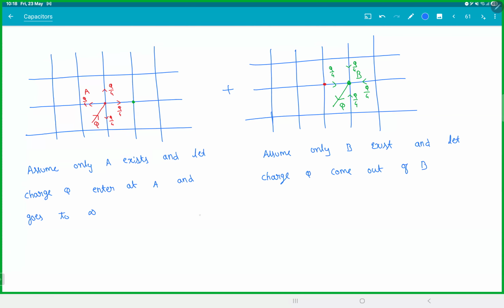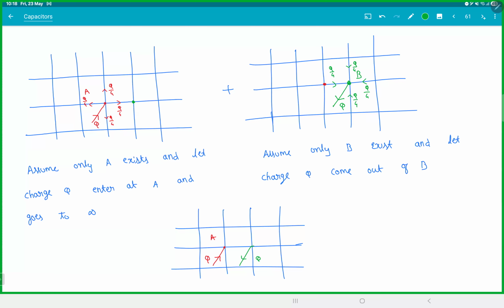Now, by symmetry, when you connect a battery, you're basically giving and taking the charge, right? If I do both at the same time, what do you think will happen? If I push the charge Q from A and pull the charge Q from point B, just look at the branch between them. The plus Q charge will push Q by 4, and B's charge will also push Q by 4.